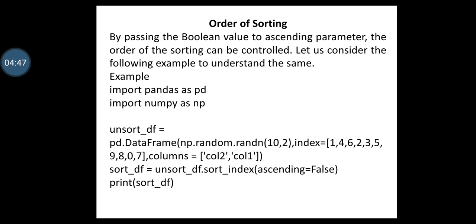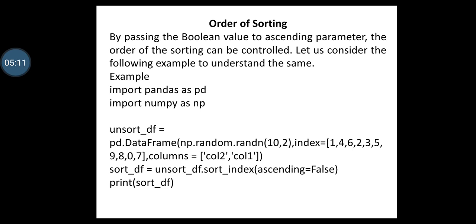Let us consider an example to understand the same. First of all, we import the two libraries, pandas as pd and numpy as np, and then create a variable unsort_df is equal to pd.DataFrame, np.random.randn 10 comma 2.